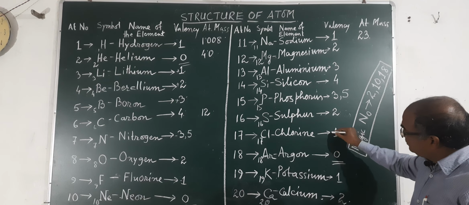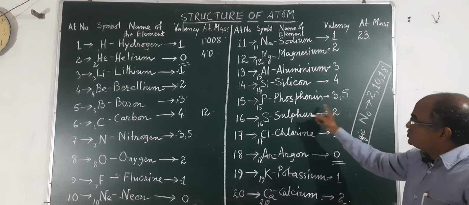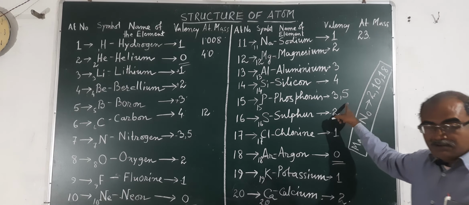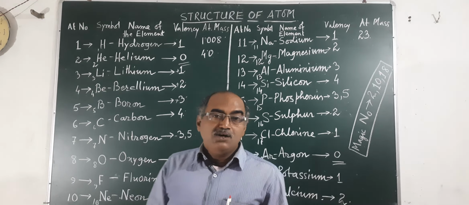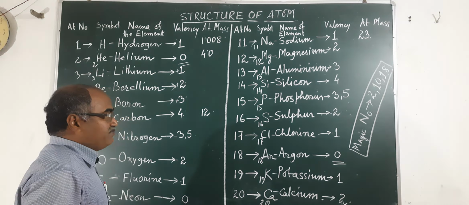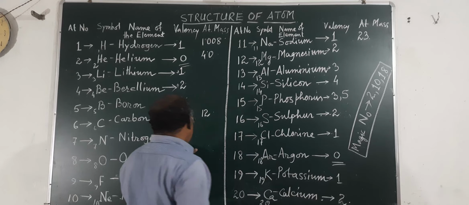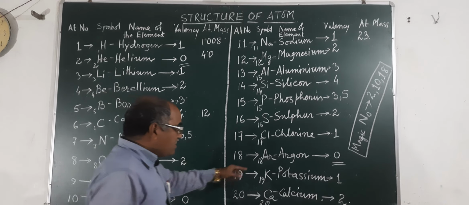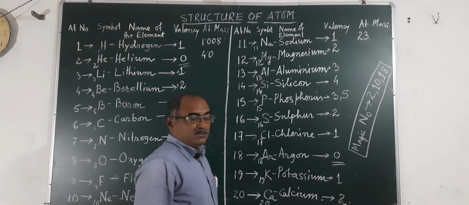From here, chlorine minus 1, sulfur minus 2, phosphorus minus 3. Phosphorus sometimes shows 5 valencies. For example, in P2O5, phosphorus pentoxide, phosphorus shows 5 valencies with oxygen. But remember, most of the time phosphorus has 3 valencies, and nitrogen has 3 valencies. Then after 0 come potassium 1 and calcium 2.